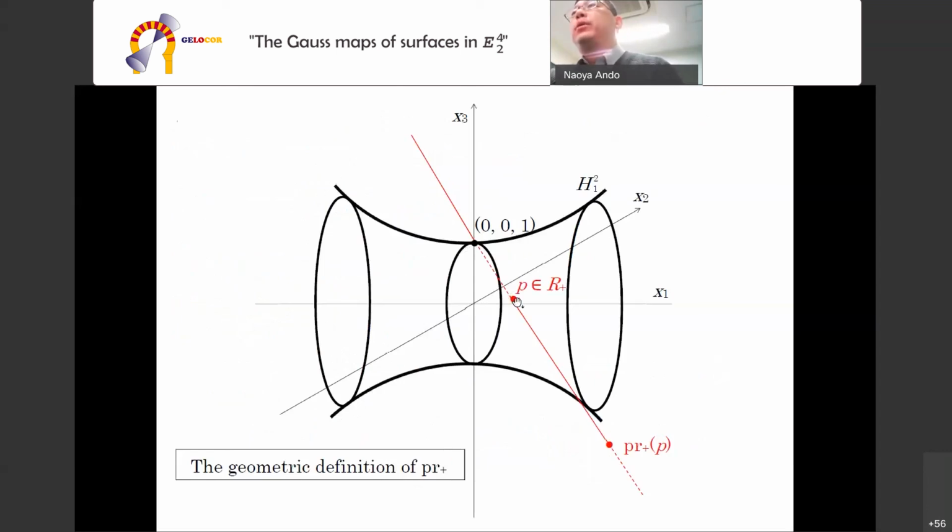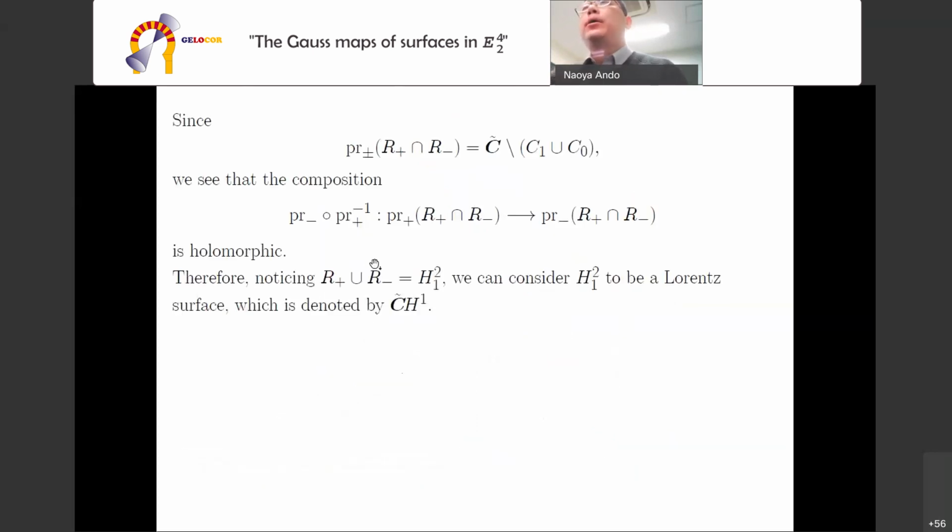For each point P, the stereographic projection on R plus gives a point of the x1, x2 plane like this. Then we see that this composition is holomorphic as a paracomplex valued function of one paracomplex variable. Then we can consider H21 to be a Lorentz surface, which is denoted by C tilde H1.